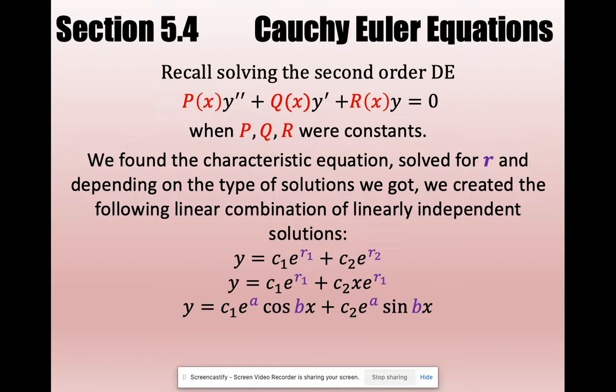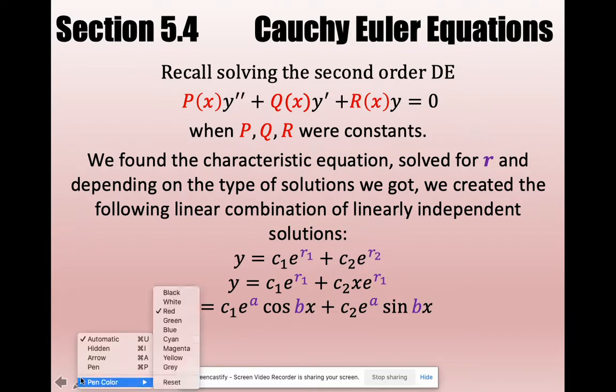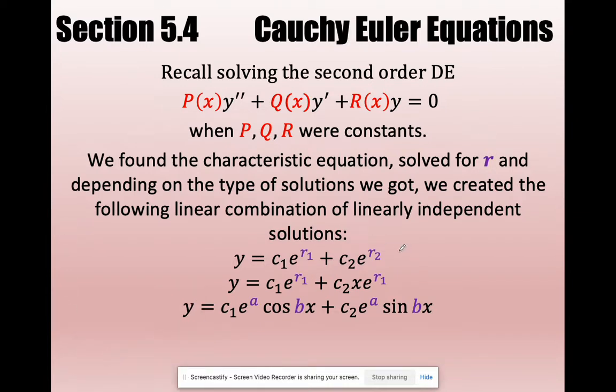When we got real but not repeating solutions, real non-repeating. This was real and repeating. And we had to multiply by this factor of x to make sure we had linear independence. And then if we had non-real, and we didn't have to worry about repeating non-real because we were dealing only with second order. So if we got non-real answers, they were the complex conjugates, right?